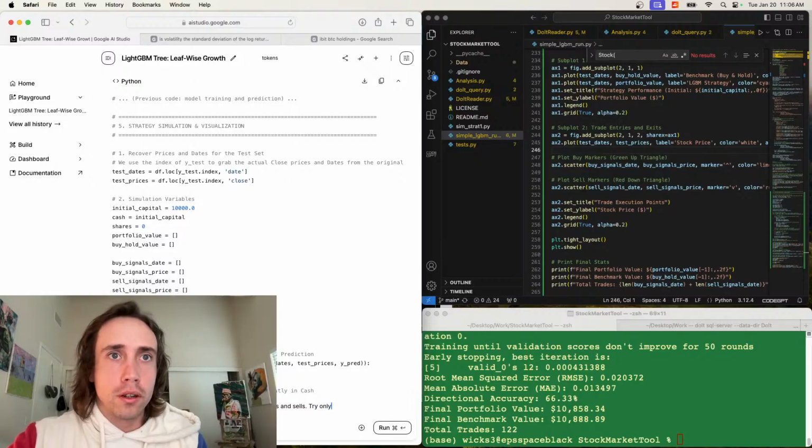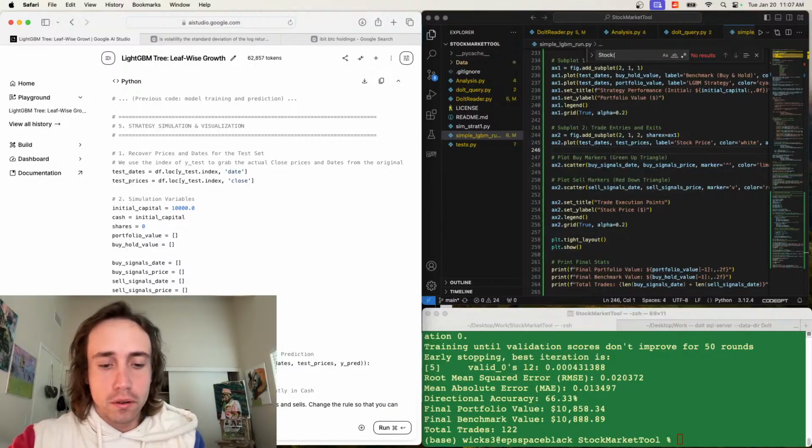Try only buying. Change the rule so that you can buy up to 5 shares.